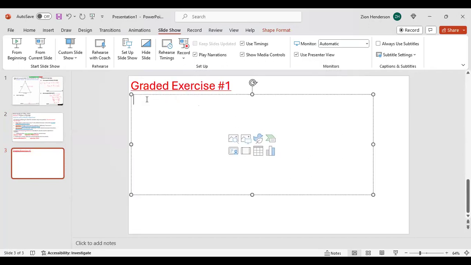Okay, so instructions. Write the adverb in each of the following sentences.